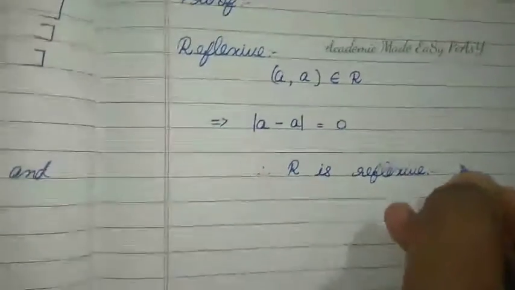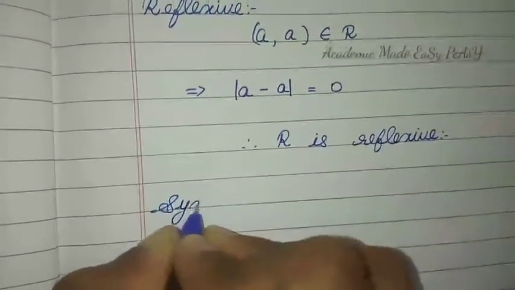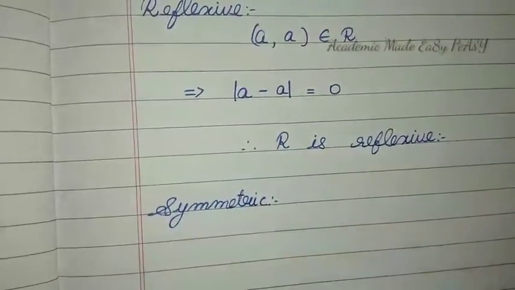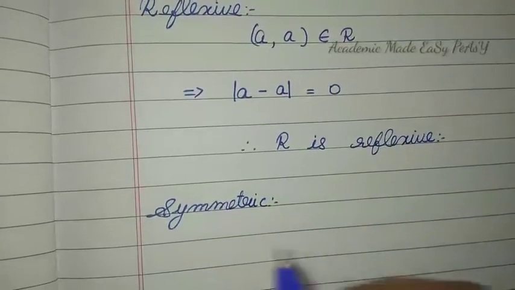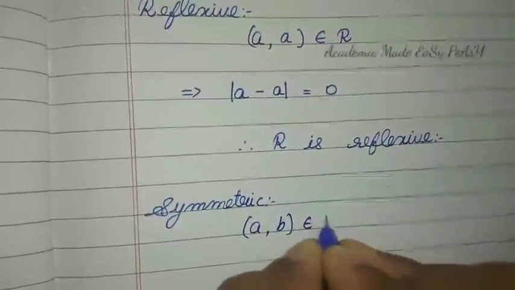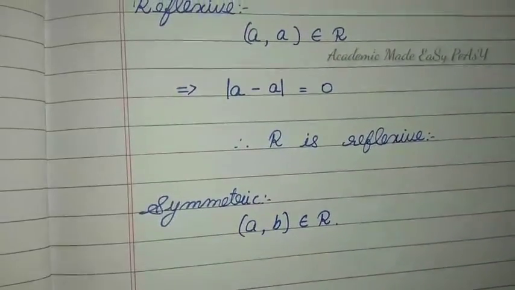You can give any example also for this question. So symmetric. Now if I take symmetric, (a, b) belongs to R. For this one you have to give one example. So okay.